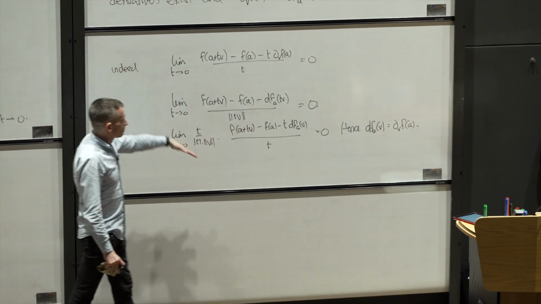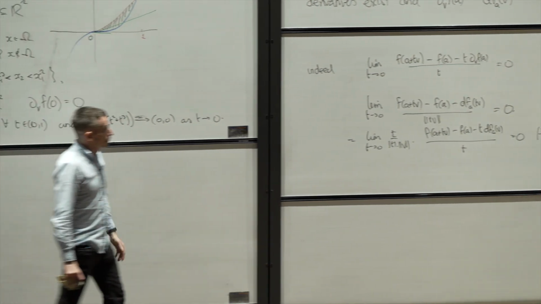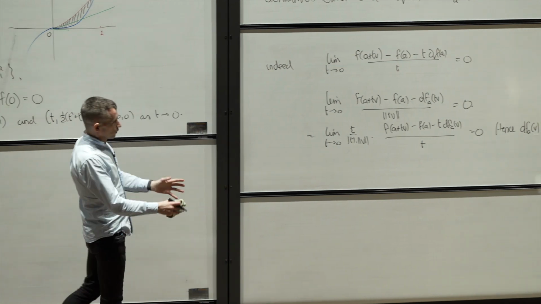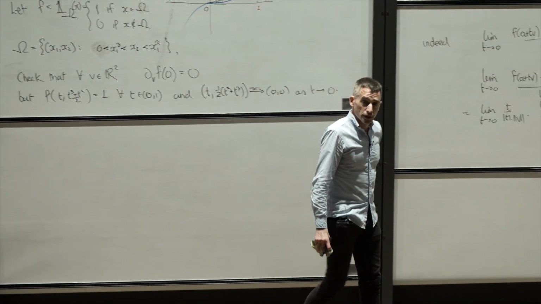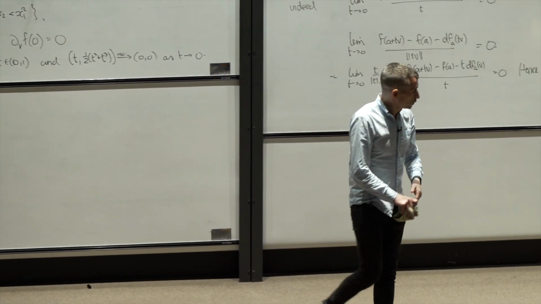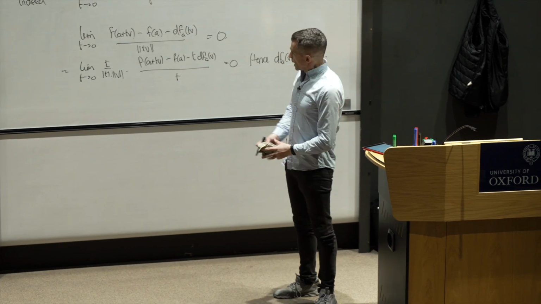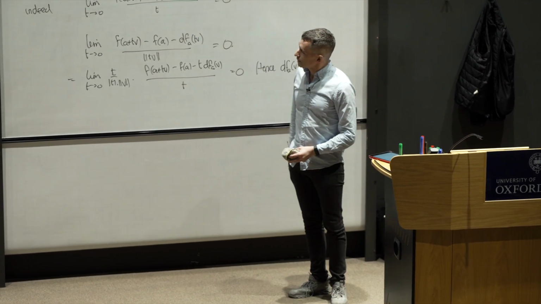It's saying that linear map has to be a good approximation to the function, in the sense that it approximates the function at least as well as the norm of the difference between a and a plus h. Okay, so next time we'll study the basic properties of the derivative and see that things like the chain rule have an analog for the Fréchet derivative.